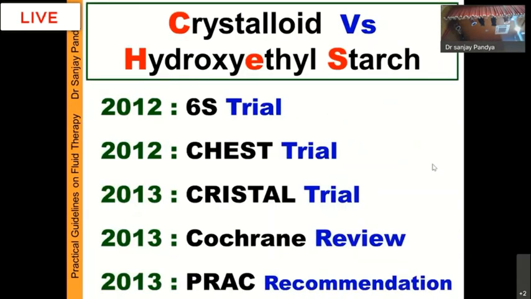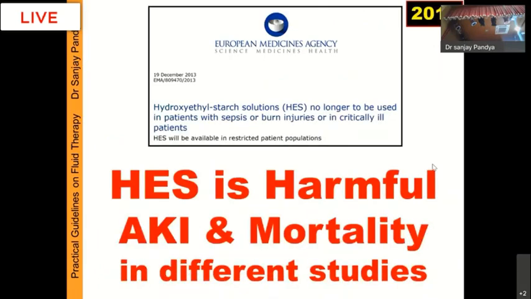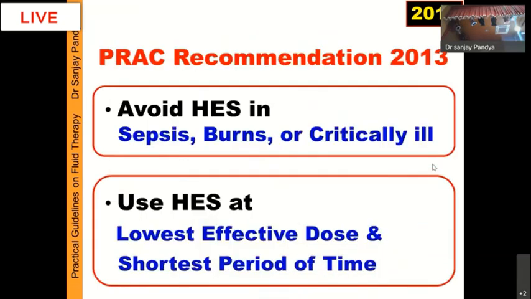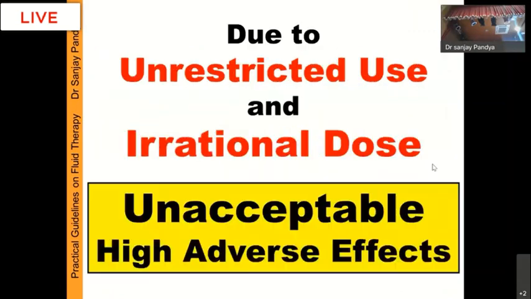See, there are multiple trials. But in 2013, European guidelines said that it is harmful in AKI and carries high mortality in different studies. So in 2013, it was recommended to avoid it in sepsis, burns, or critically ill patients and use it at the lowest dose for the shortest period.